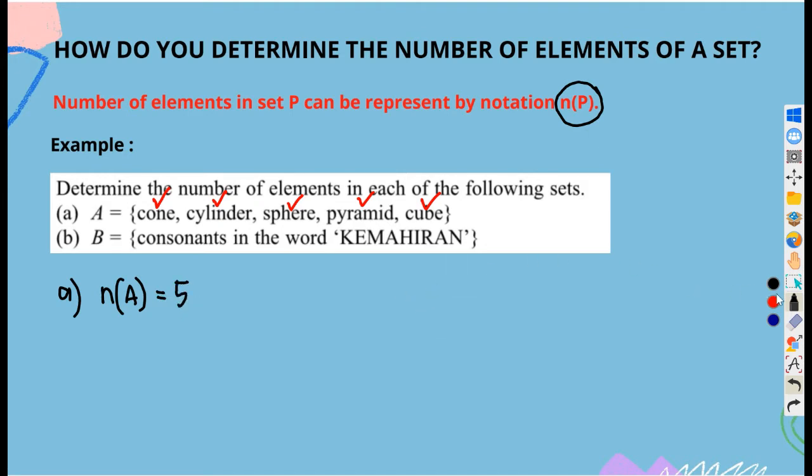Next one, B. B here is the consonants in the word kemahiran.